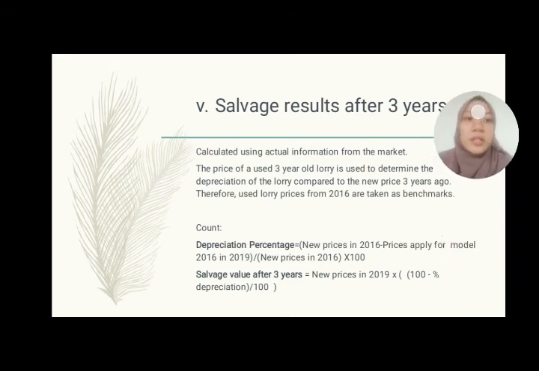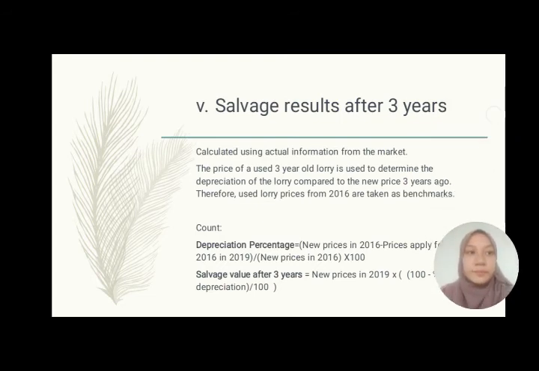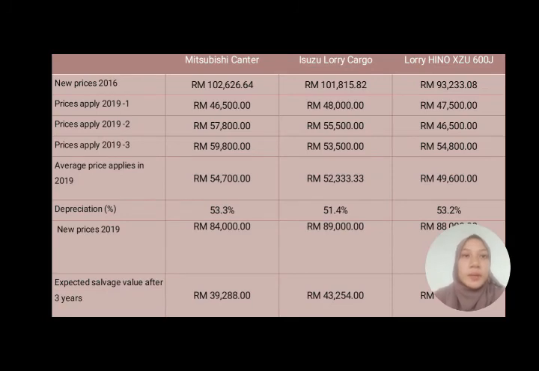To calculate the depreciation percentage: new price in 2016 minus the price applied for the 2016 model in 2019, divided by the new price in 2016, times 100. For salvage value after 3 years, use the new price in 2019 times 100 minus depreciation, divided by 100. This is our summary.